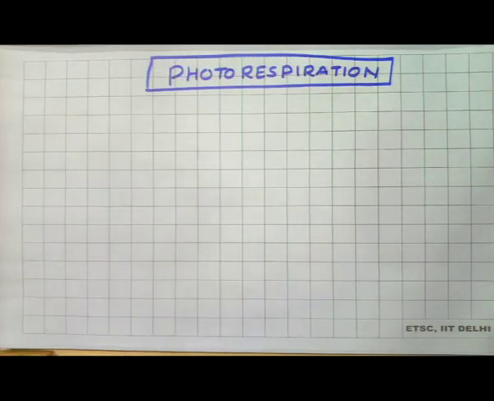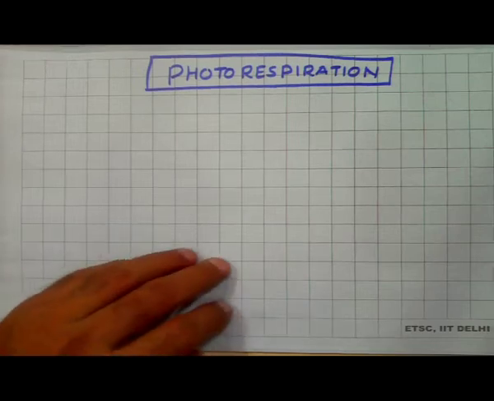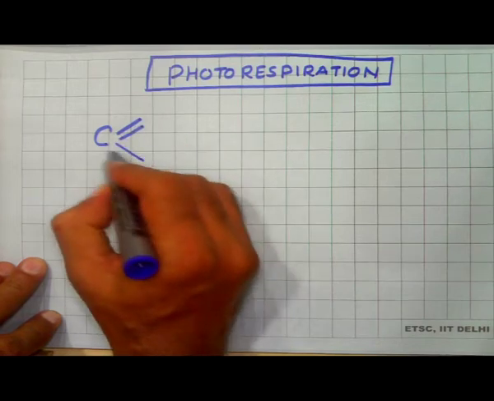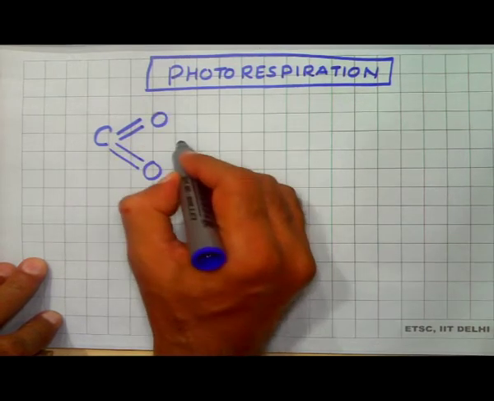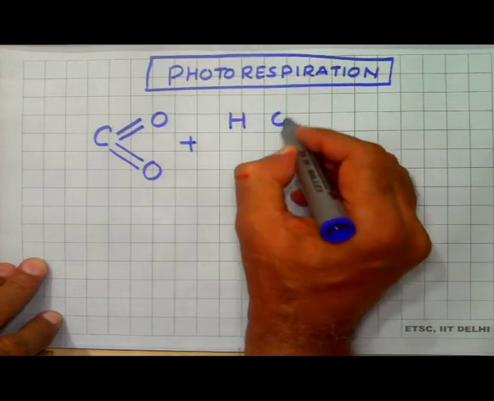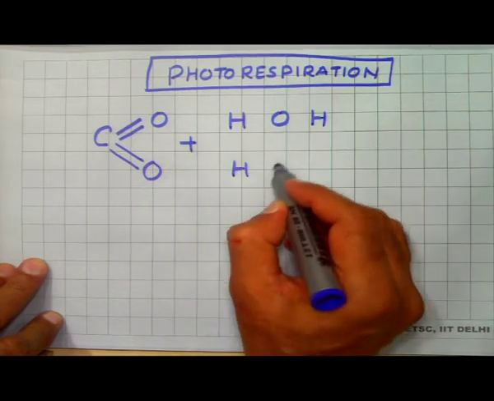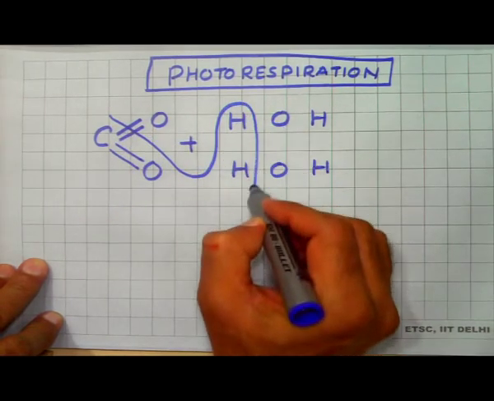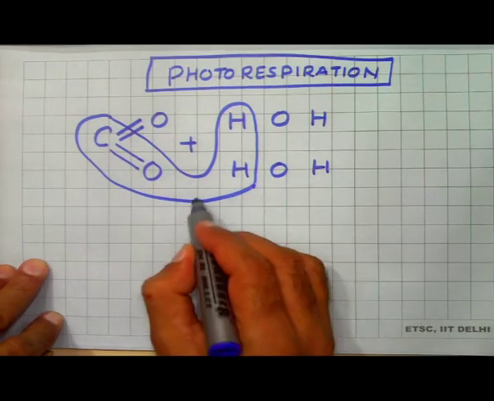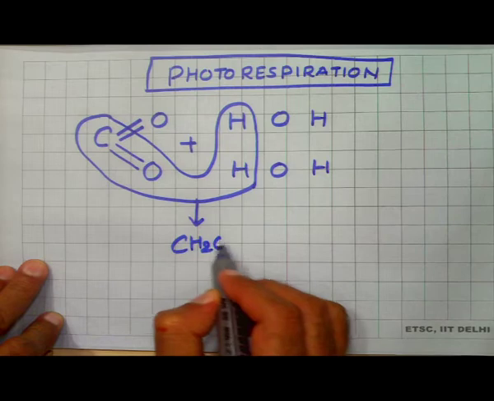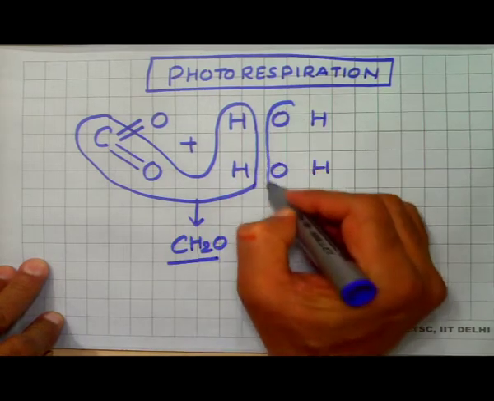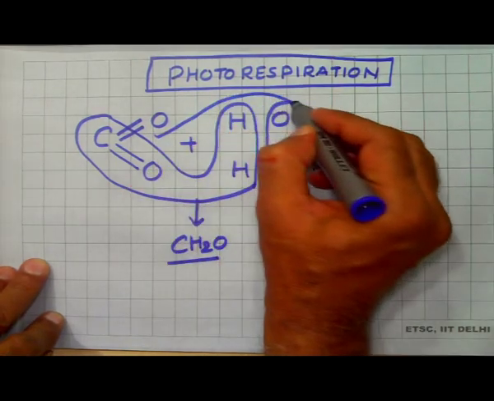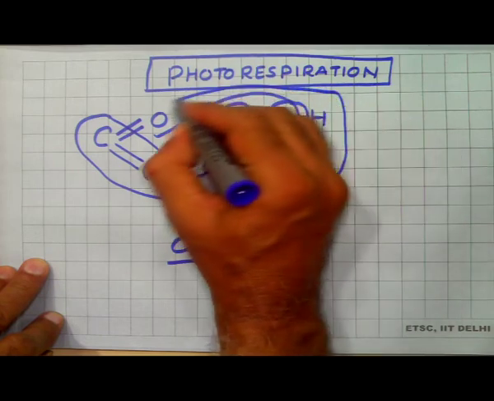As we have discussed earlier, during photosynthesis, the carbon dioxide combines with water, and forms CH2O, that is carbohydrate, and O2 and water.